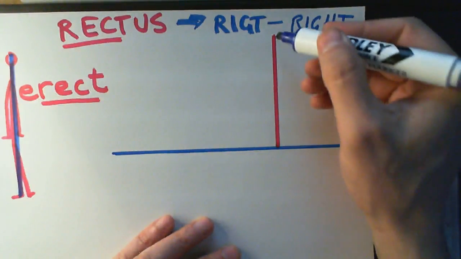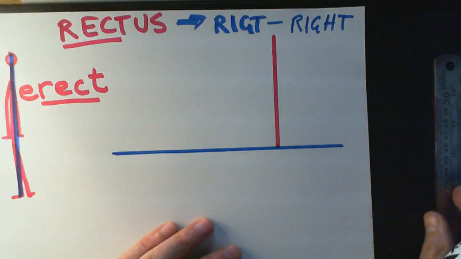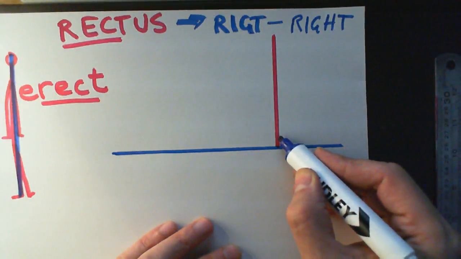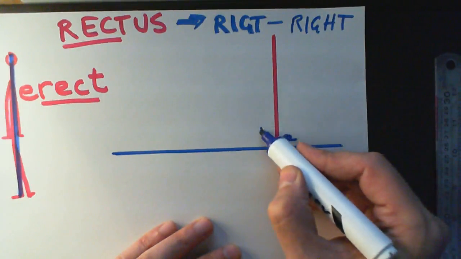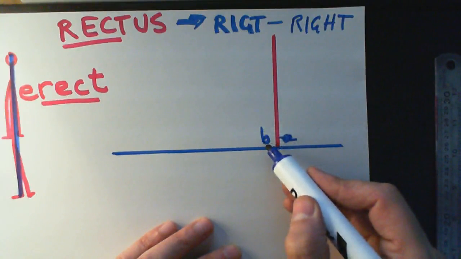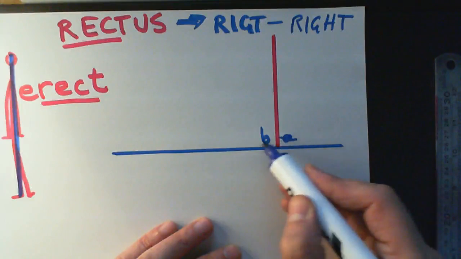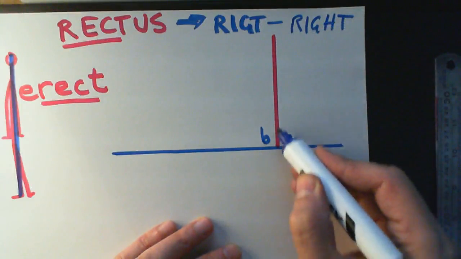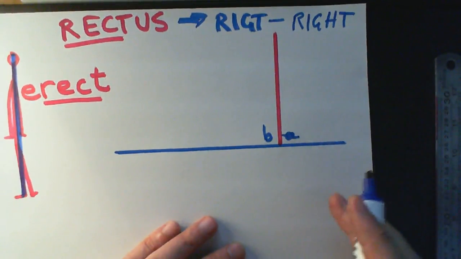You want all your walls to be straight up and down from the ground. So in a right angle, these two angles, this one here, we'll call it A, and this one here, we'll call it B. These two angles, A and B, are equal. They are the same, they're exactly the same, because this is a dividing line, and you can see they're the same. This is the same as that. So they are equal.